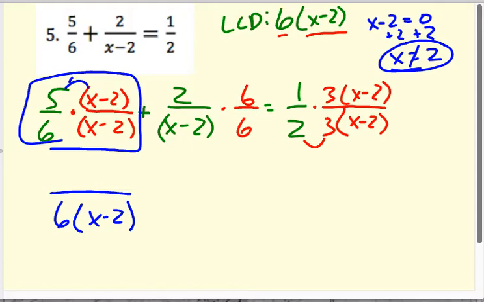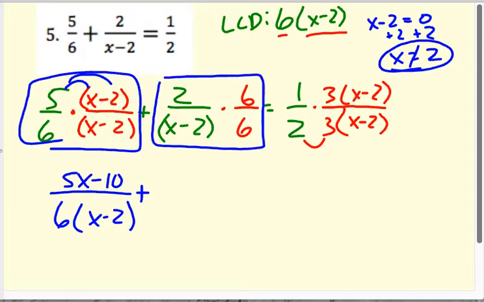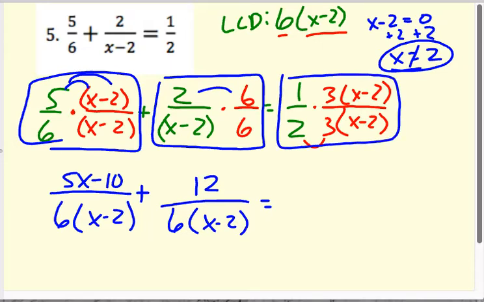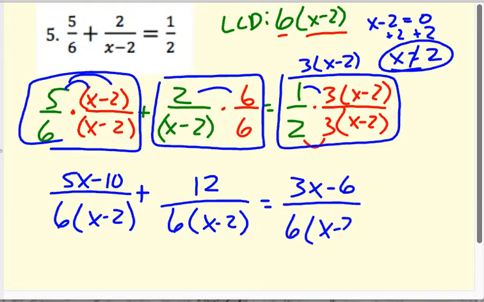And I'm going to distribute the 5 through here and get 5x minus 10, plus my next fraction or ratio is going to be the same thing in the denominator, 6 times x minus 2, all over, well, 2 times 6 is just 12, equals, okay, a little work here first of all. 1 times 3 is just 3, so it's 3 times x minus 2, and that's going to give me 3x minus 6 all over 6 times x minus 2.